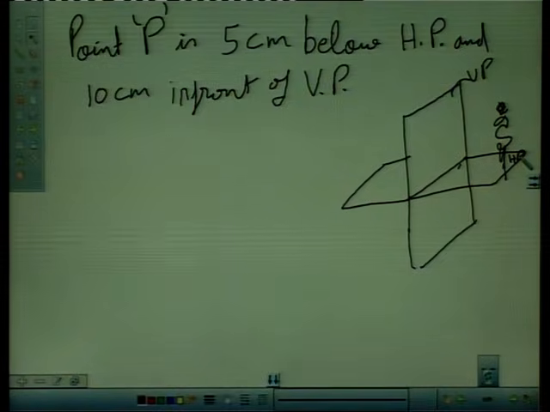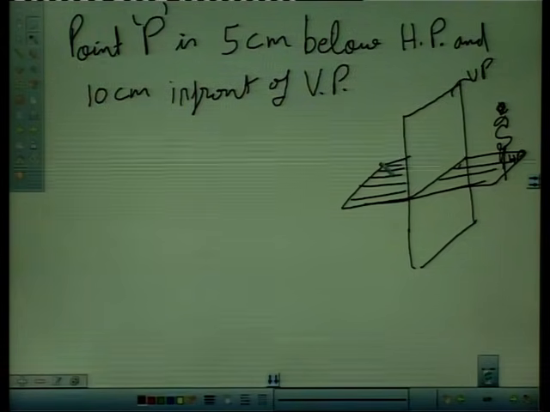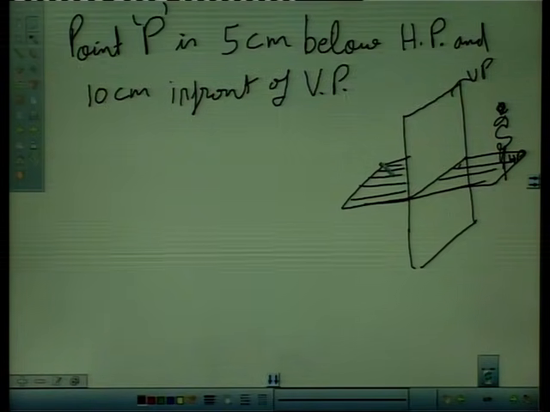So as per our statement, point P is 5 centimeter below HP means point is below this horizontal plane, either in fourth or third quadrant. Second part of our statement is 10 centimeter in front of vertical plane.